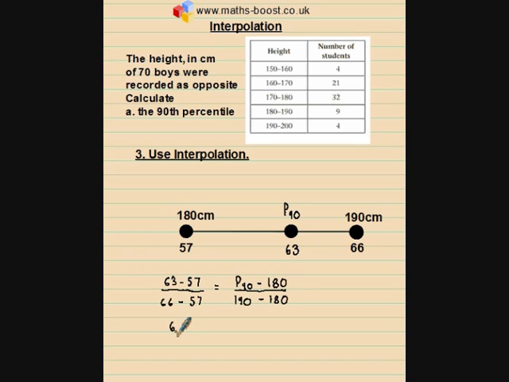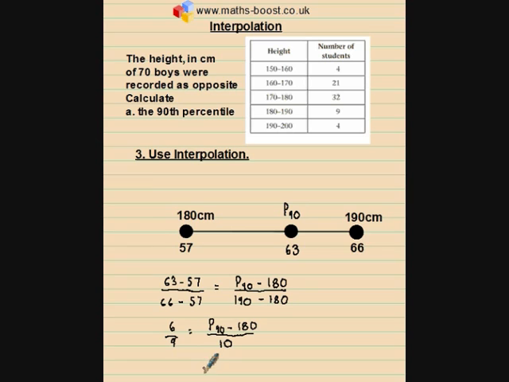So we can simplify this. And now we've got essentially an equation with one unknown which we can solve.